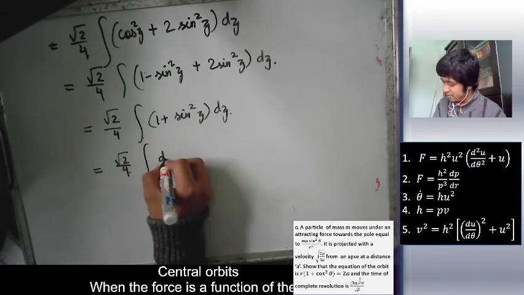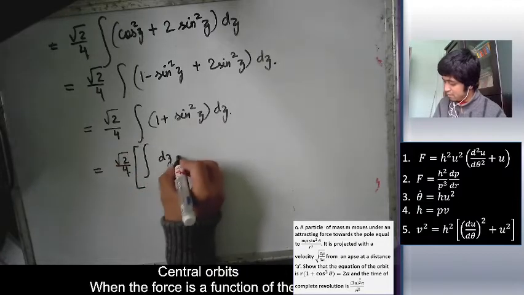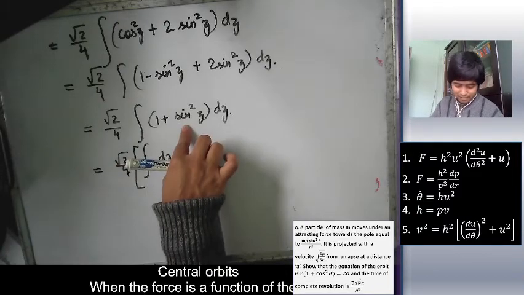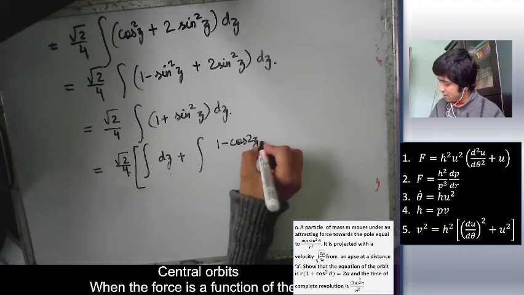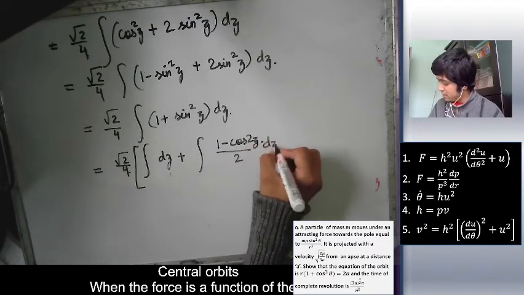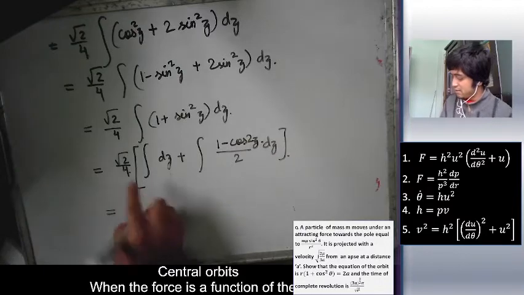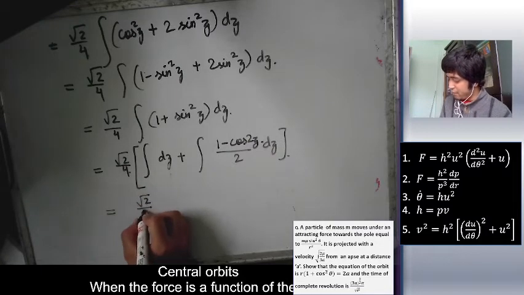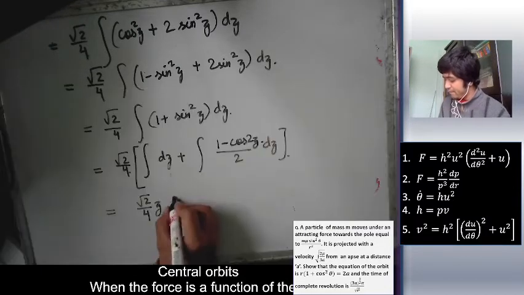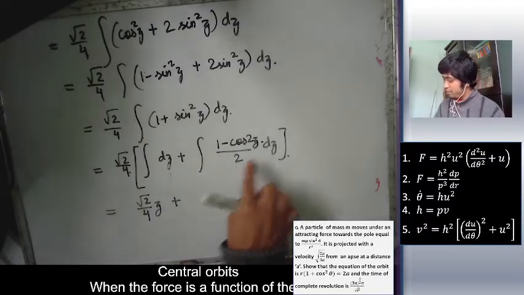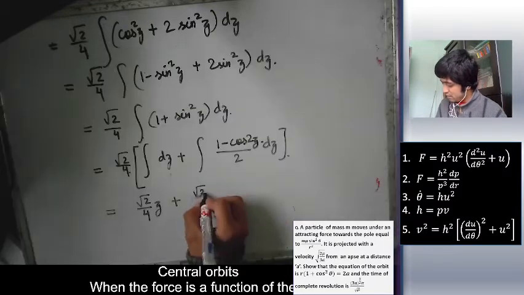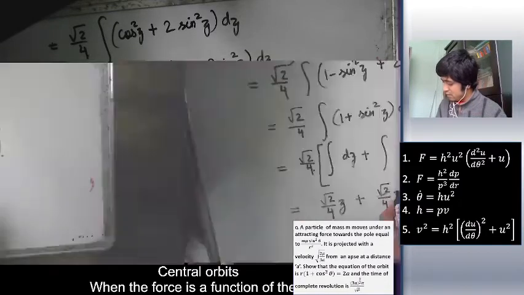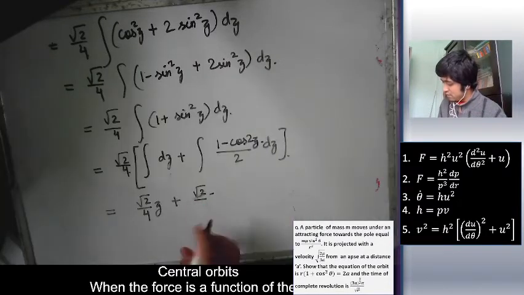So it will be integration of dz plus sine square, you can write it as 1 minus cos 2z upon 2 dz. So this one will give you square root 2 upon 4 z plus 1 by 2 dz will give you z upon 8.